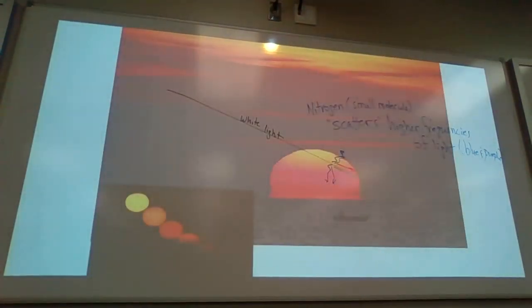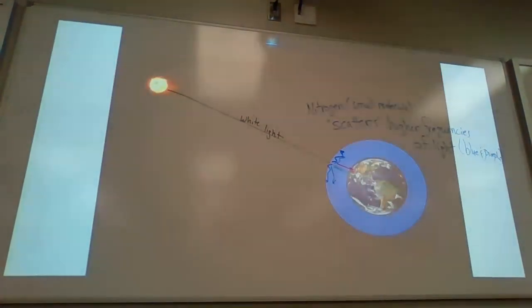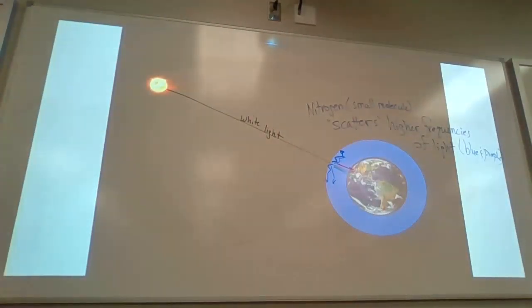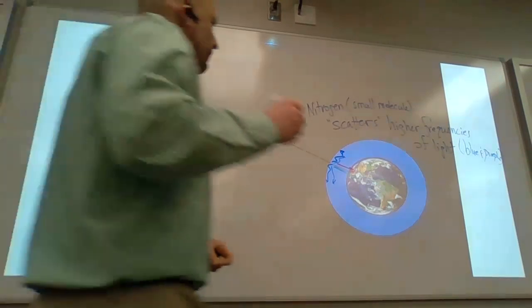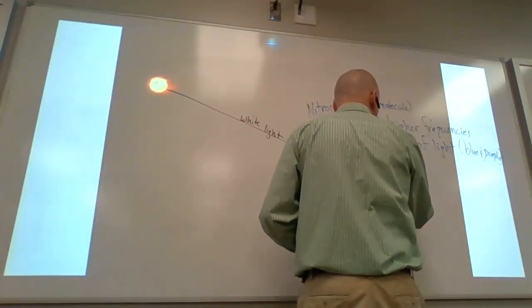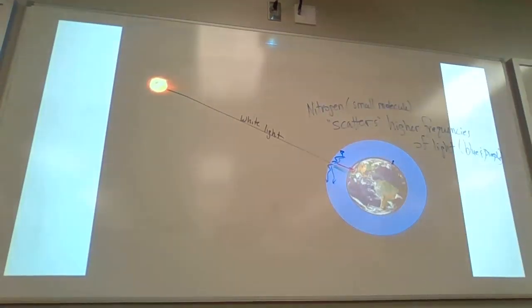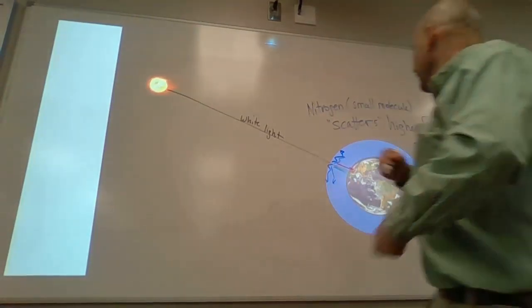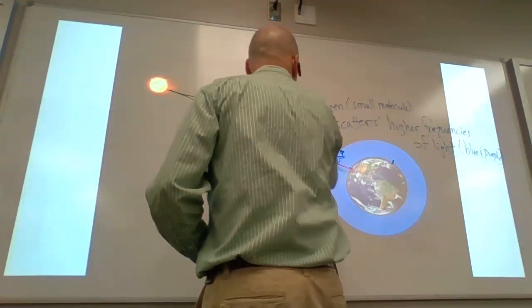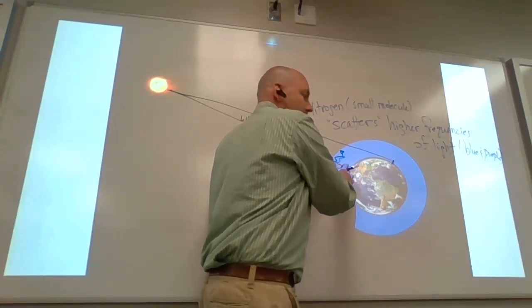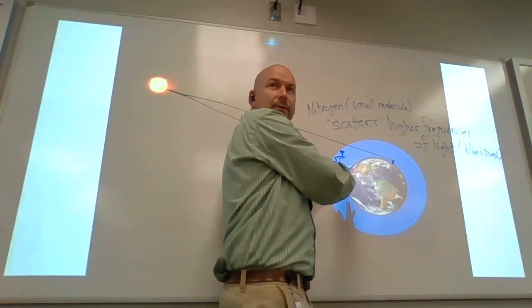Okay, so what about sunsets? Here's how that works. In order to see the sunset, you're on the edge there, and light from the sun has to go through a whole bunch more atmosphere than it did here. Does that make sense?